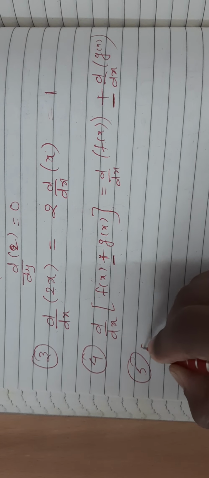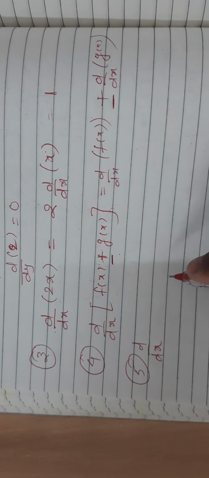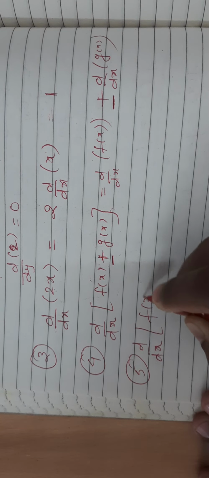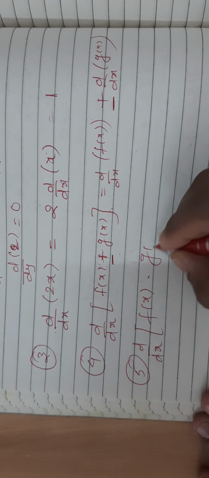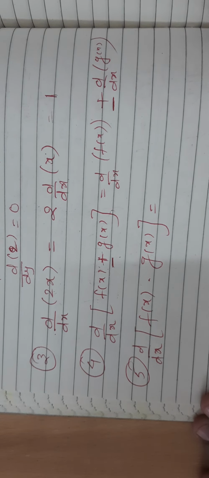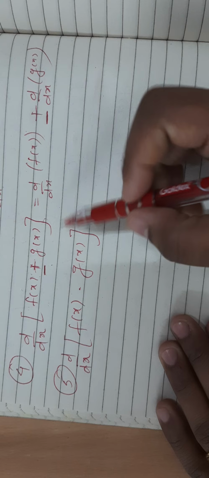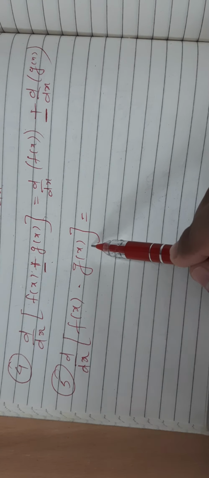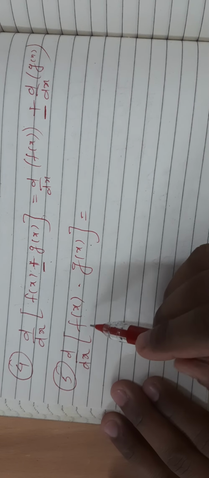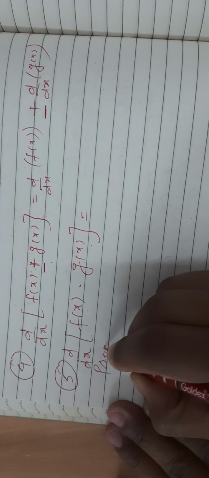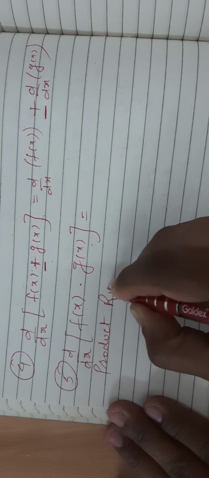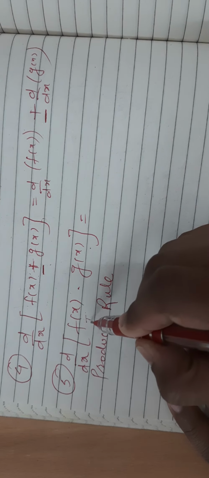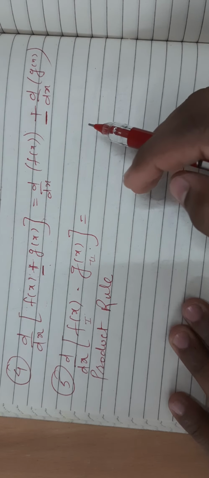So if the two functions are in multiplication, f of x multiplied by g of x. Okay. In multiplication, we cannot write differentiation of the first function multiplied by differentiation of the second function. It's wrong. This rule is known as the product rule. Very, very important rule. Let this f of x be the first function and let this g of x be the second function.